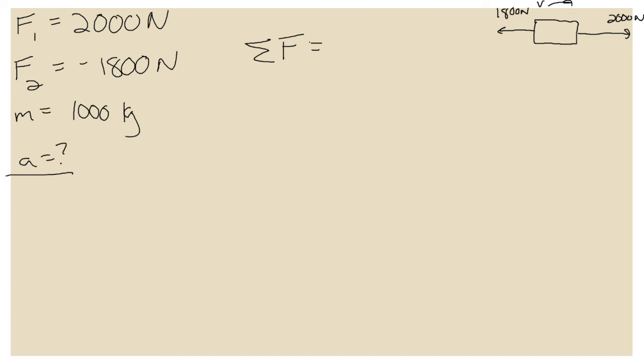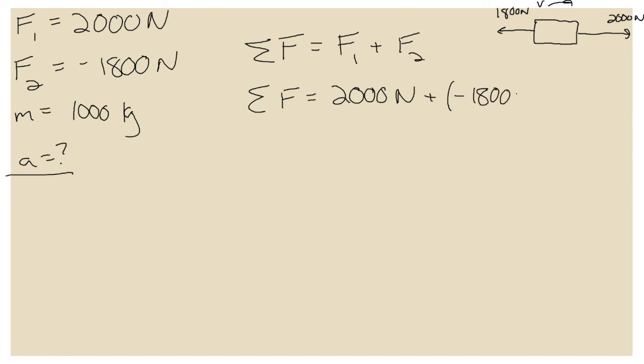So as we just said, you add with the signs. And so here we'll say the sum of the forces is F1 plus F2. And so that means the sum of the forces is going to be 2,000 newtons plus negative 1,800 newtons, which gives us a total force, or net force, of 200 newtons.